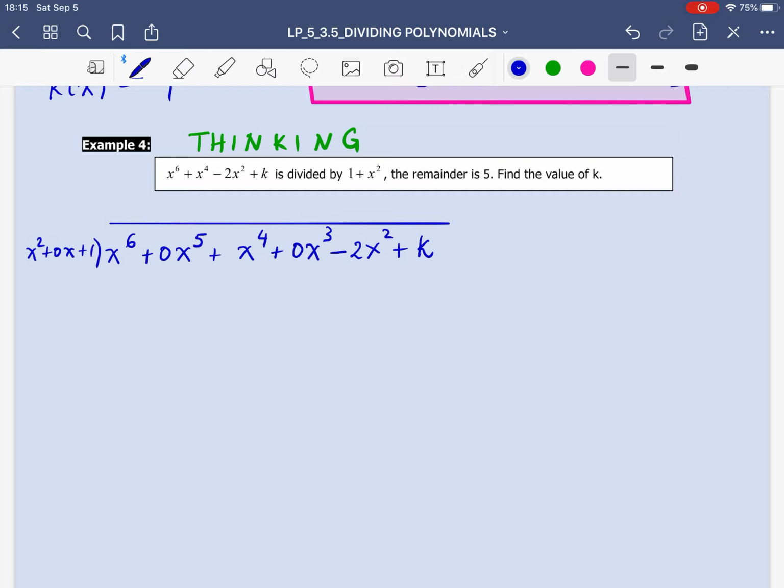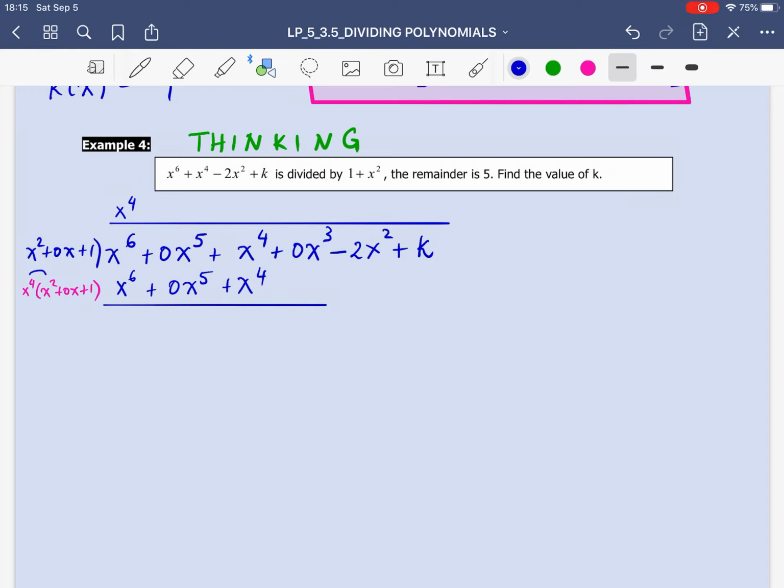So x^2 goes into x^6, x to the power of 4 times. And here we go, x^4 will multiply x^2 + 0x + 1. So that will give x^6, 0x^5, and then plus 1x^4.